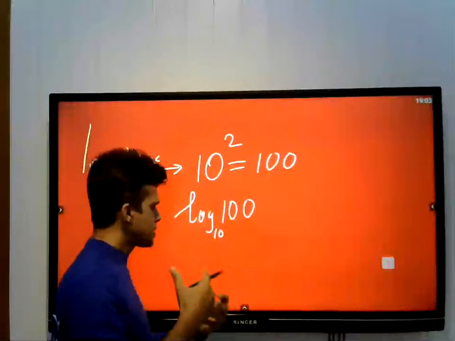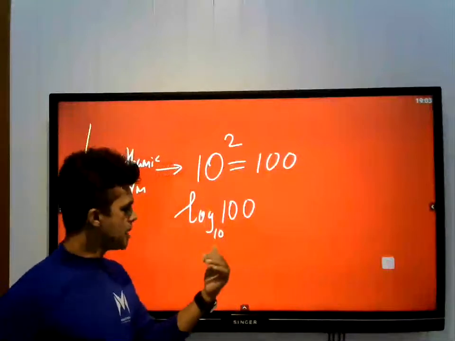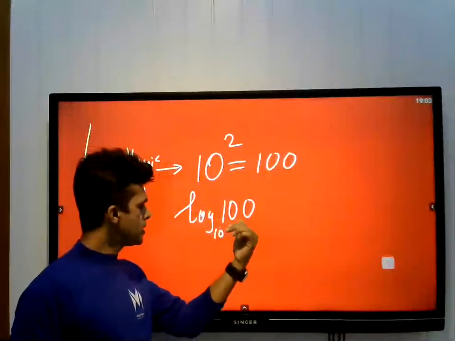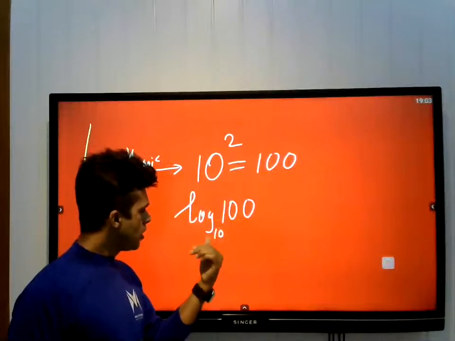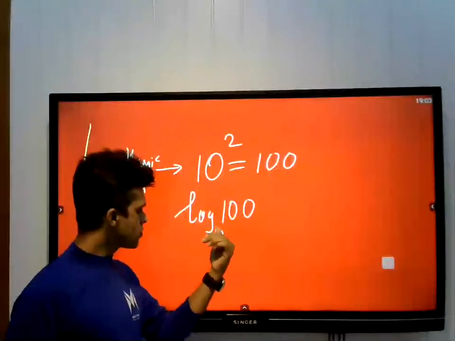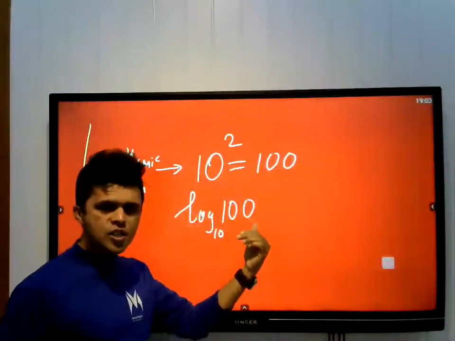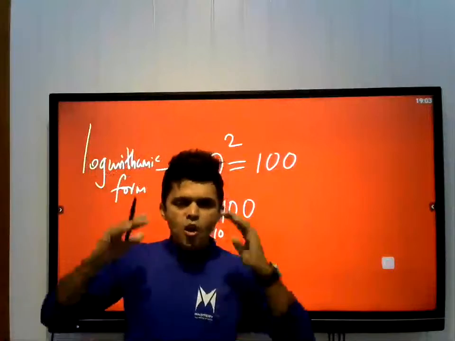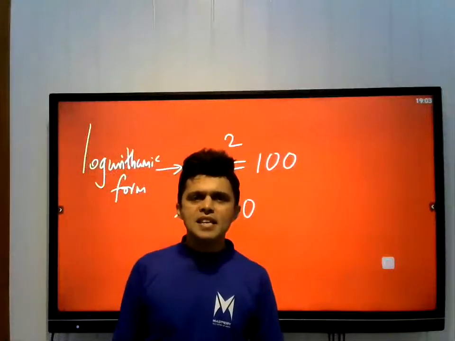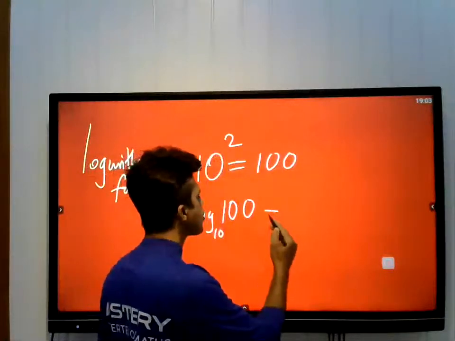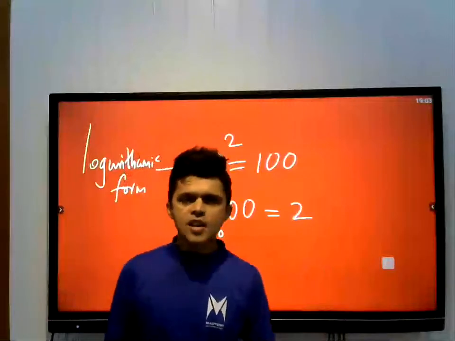Generally, the base is written as a small digit. So this is written as log 100 to base 10 equals 2. What is the meaning of this?